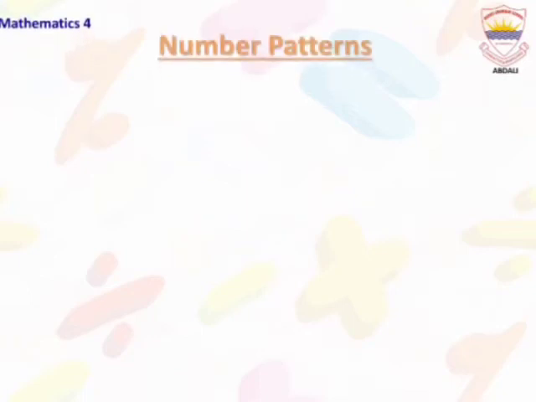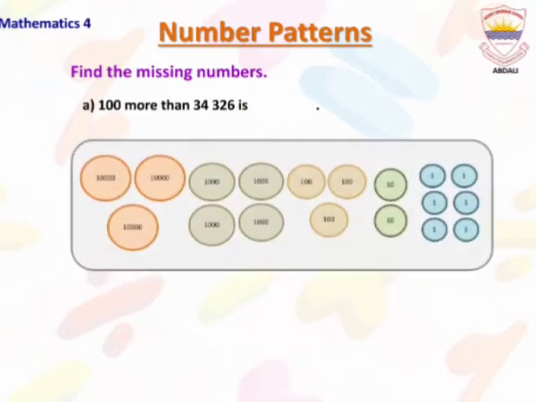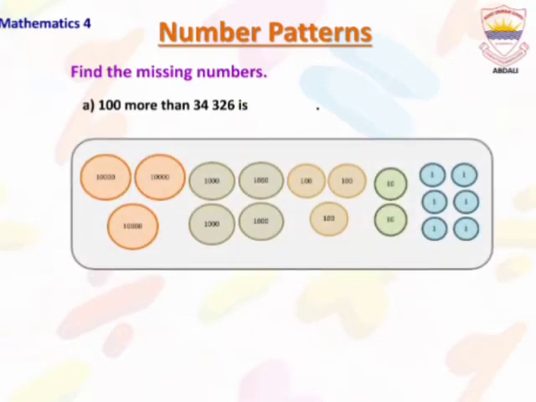Now, students, it's time for more and less of hundreds. Our question is 100 more than 34,326. We show our question in number disks: 3 number disks of 10,000, 4 number disks of 1,000, 3 number disks of 100, 2 number disks of tens, and 6 number disks of ones.